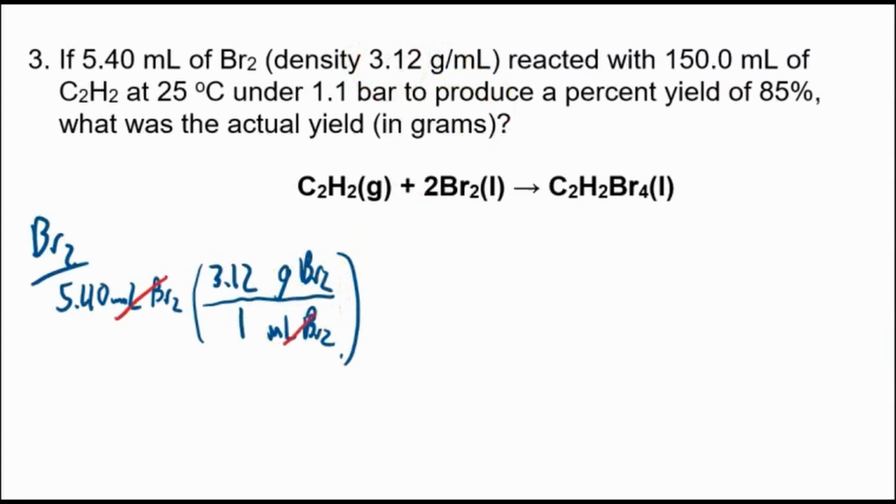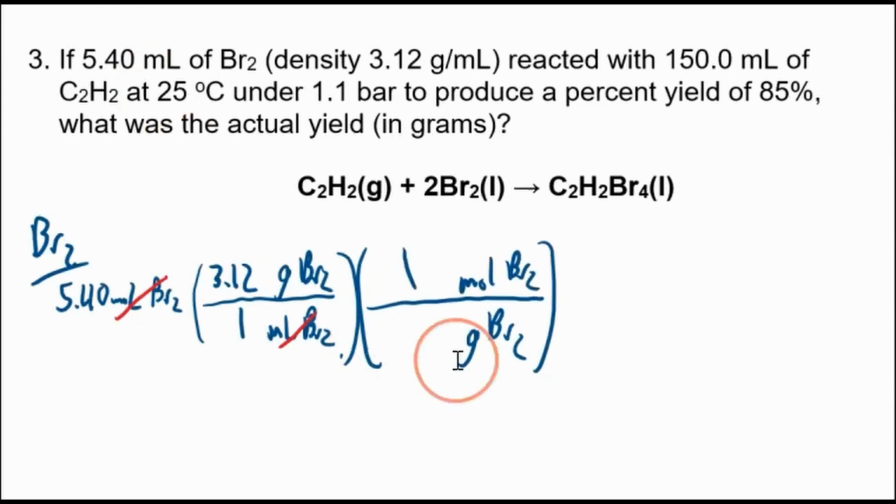So now that we're in grams of our one reactant, we can go straight to moles using the molar mass like we've always done. We want grams of Br2 to cancel out, and we want moles of Br2. For every 1 mole of Br2, we can look on the periodic table, molar mass of bromine times 2 is 159.809 grams. So our grams of Br2 cancel out.